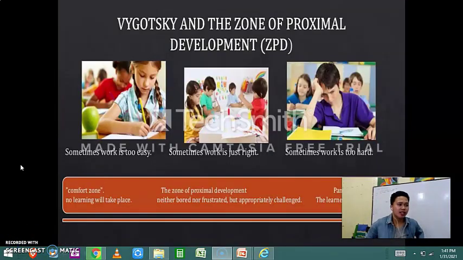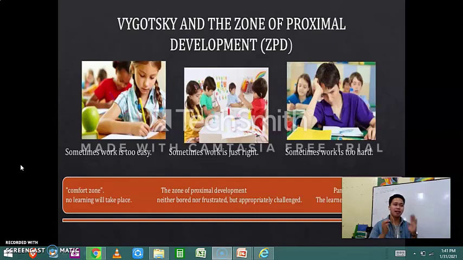So now we proceed to another learning principle of Lev Vygotsky. So itong si Lev Vygotsky, he is the proponent of the zone of proximal development, or we also know this as ZPD. Lev Vygotsky is also a psychologist. So sa study ni Lev Vygotsky, he talks about learning of a specific child acquired from adult or learned individual.